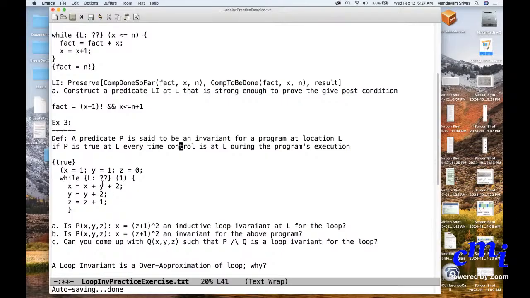Therefore, the loop invariant has to have a part which captures the relationship between y and x.